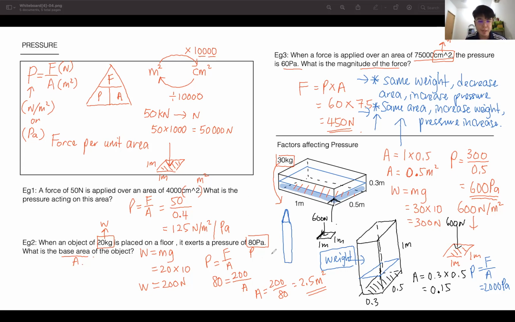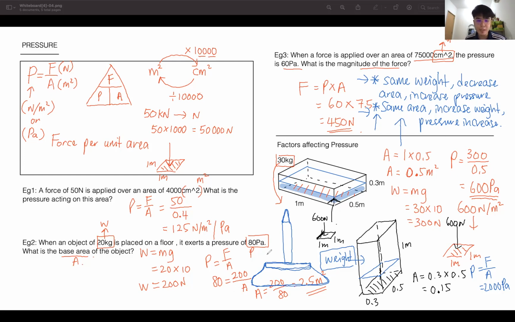To minimize this pressure, what they do is they put it on a special vehicle, a special machine that has a very, very wide platform, and the base is made of track. They further increase the base area. They call this vehicle a crawler. The crawler transporter is specifically used to transport the rocket to the launch base.